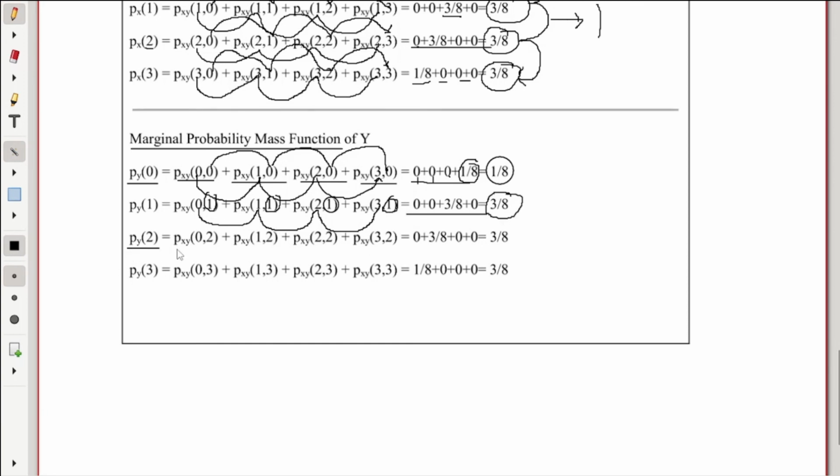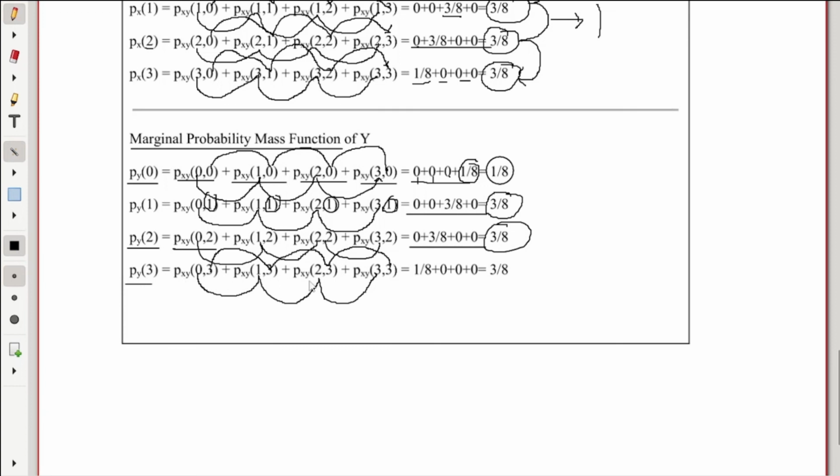P_Y(2): the value of X is varying from 0, 1, 2, 3, but Y is always 2, so sum all probabilities and you will get 3 upon 8. Same way P_Y(3): X is varying from 0 to 3, but Y is always 3.